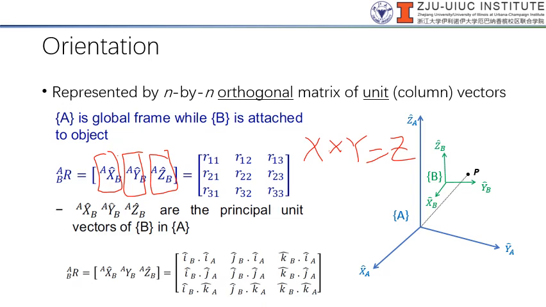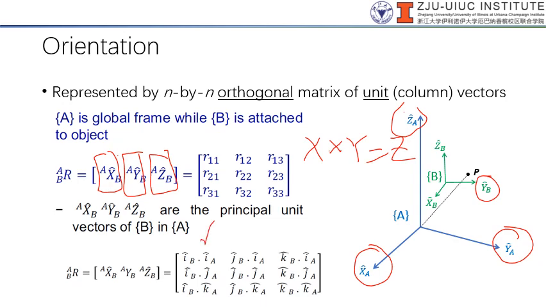Perhaps this might be trivial to some of you, but how do we express a vector in a coordinate frame, or rather a coordinate system? It is actually projecting that vector onto the principal unit axes of that particular reference frame. So in this case, we are trying to project, say for example, YB onto these 3 principal unit vectors of frame A. So it is actually a dot product operation.